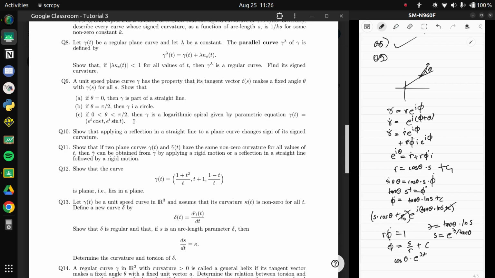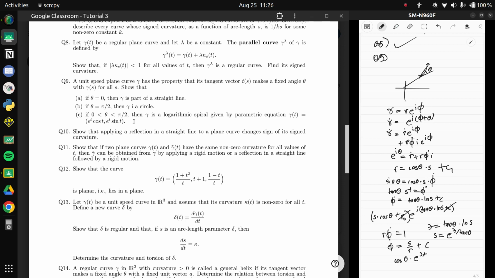Right, so cosine theta of s plus c. Sure, it's s inverse, so it's certainly just that.